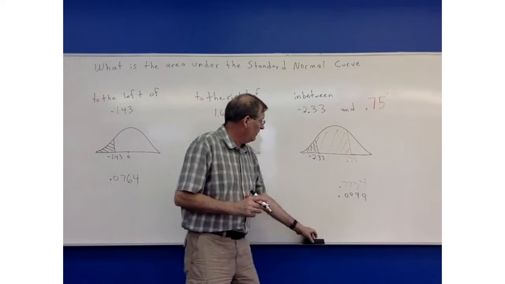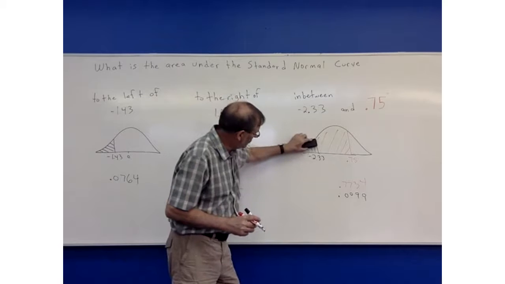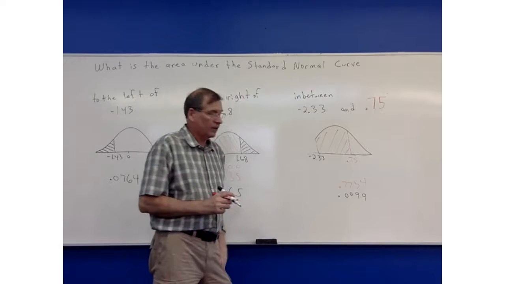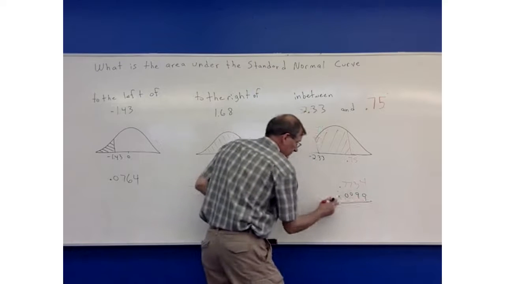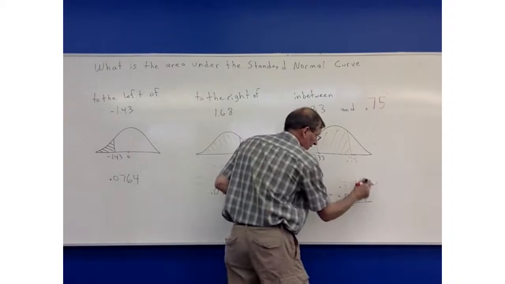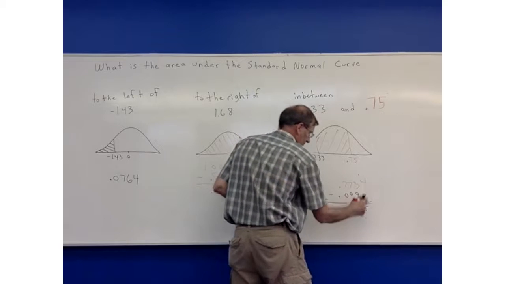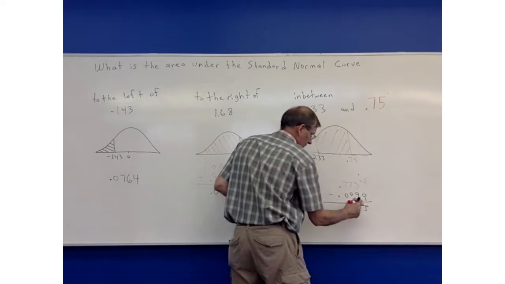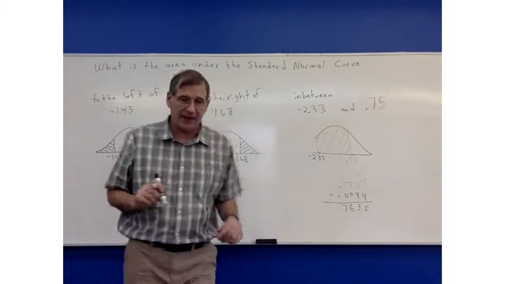Well, if I take the red area, which is all of this, and then subtract the black area, look what I'm left with. Exactly what I was asked to do. So I do the subtraction here. You get 0.7635.